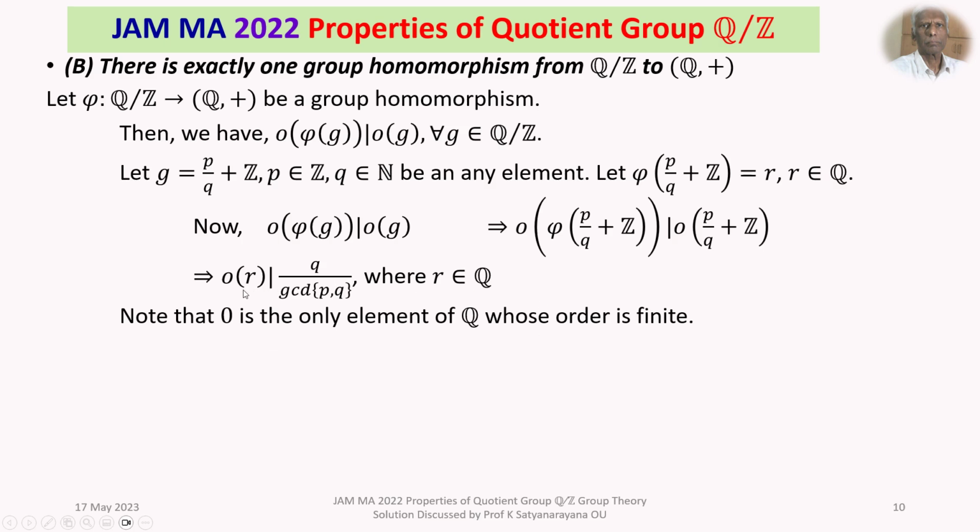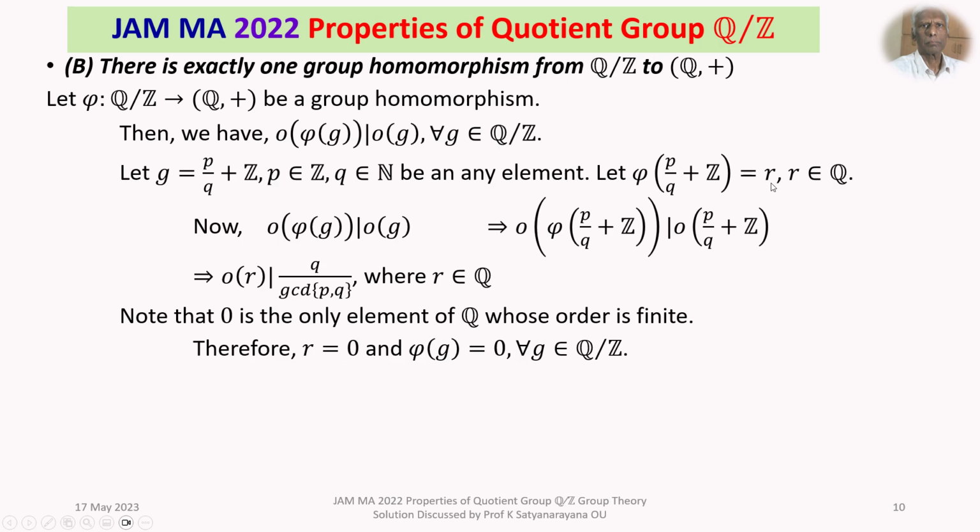And here a division is taking place, which means the order must divide a finite natural number. So who will be the element of finite order? R belongs to Q, and the only element whose order is finite is 0. So R must be 0.